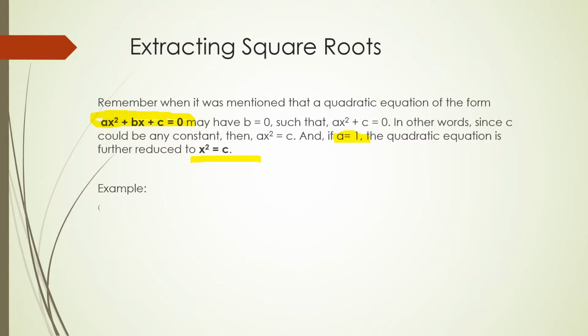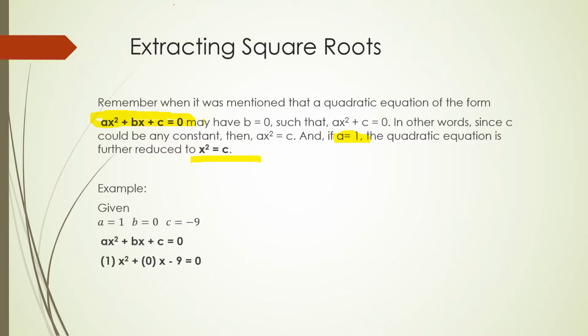Example. The given is a is equal to 1, b is equal to 0, and c is equal to negative 9. So, you have ax squared plus bx plus c. Using the standard form, you just simply substitute each value of a, b, and c. So, papalitan nyo lang lahat ng value ng a, b, and c.